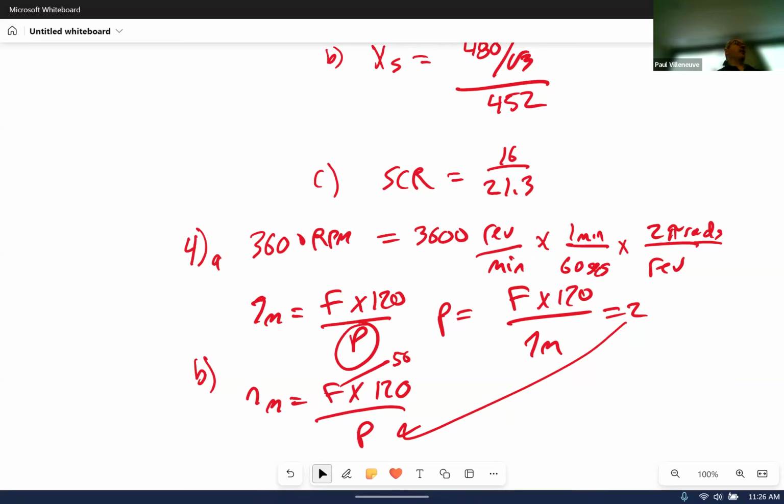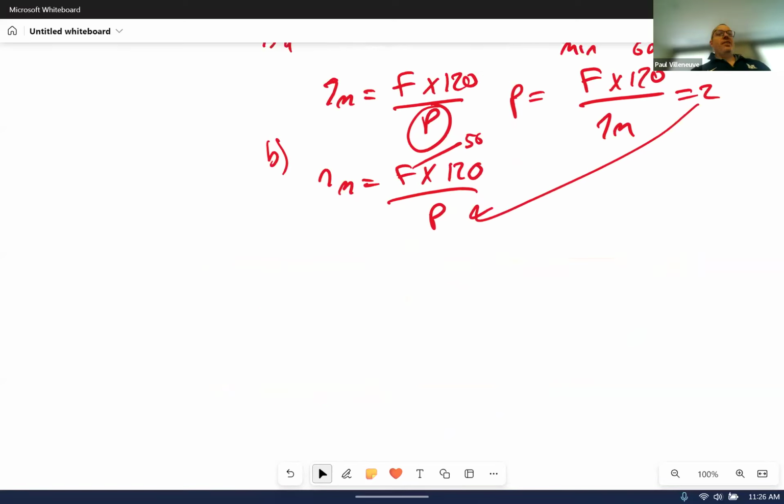Determine the angular velocity. And like we said in this class, we're assuming everything is operated at 60 hertz unless we're told otherwise. 377. Part A or part B? 3,000. Any other questions on number 4?